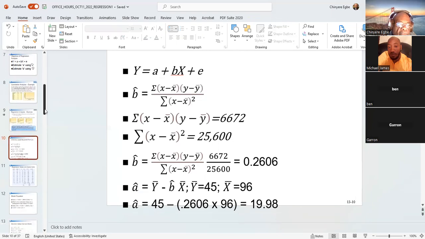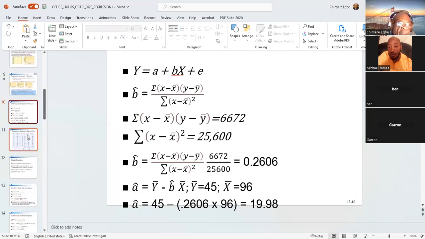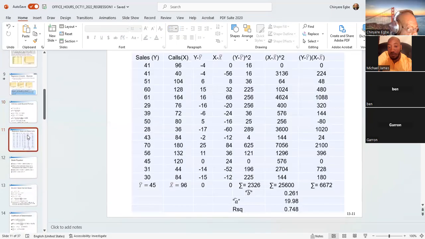I'm going to use the data here. So I'm going to pull up an Excel file to show you how to do that.